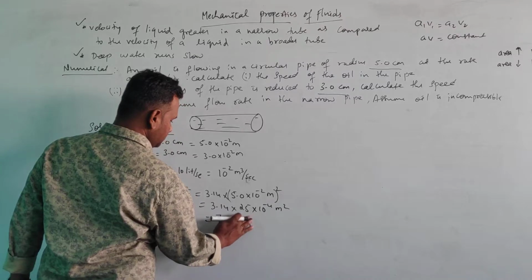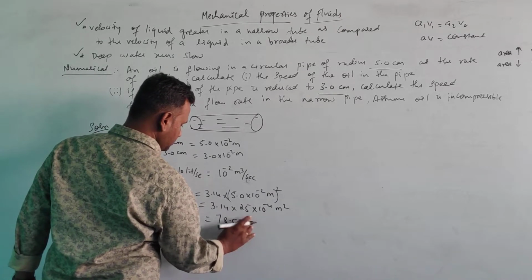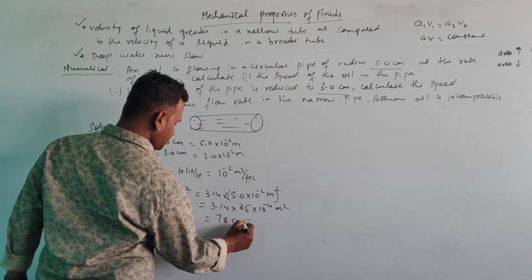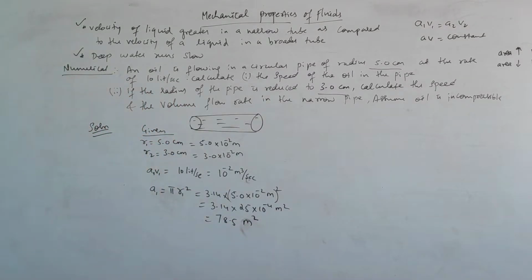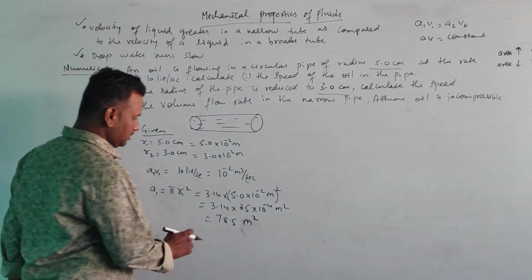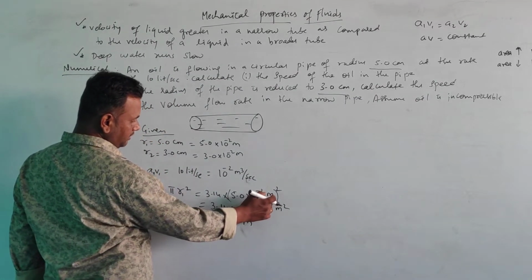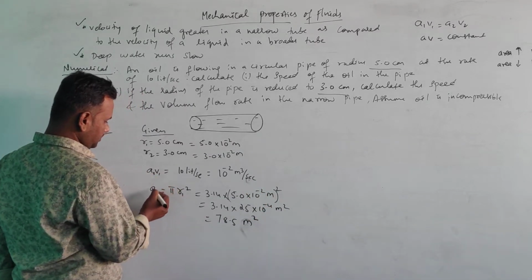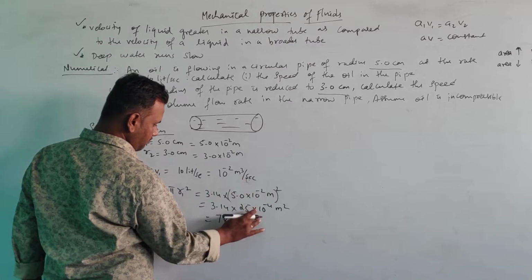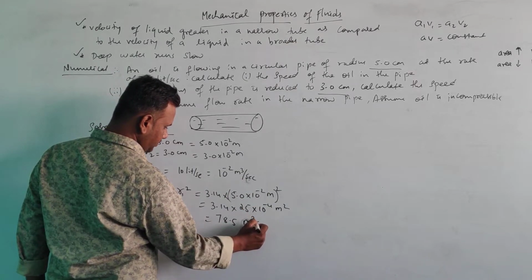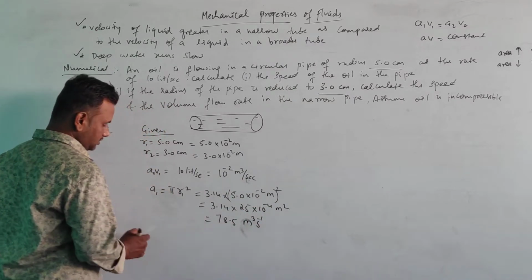Dividing by R1² means here we will be having cubic meter per second.